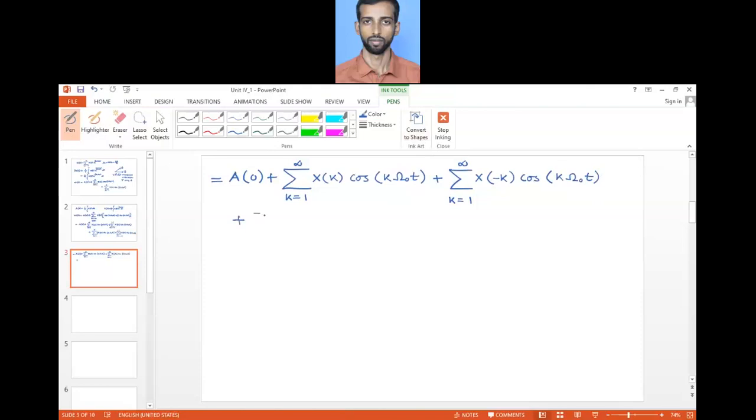Then we have the two terms for sine as well. So k equal to 1 to infinity j times x of k times sin k omega naught t, and then since sine is an odd function, we should have a minus over there: k equal to 1 to infinity j x of minus k sin k omega naught t.